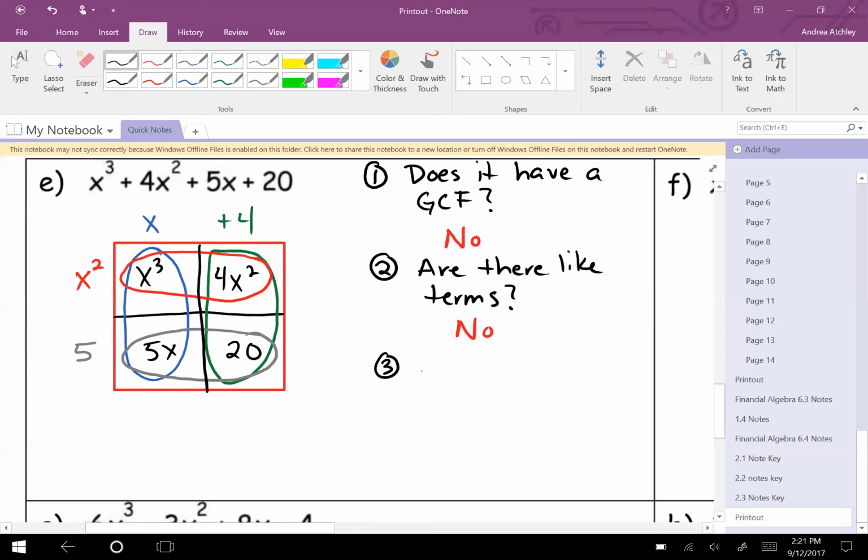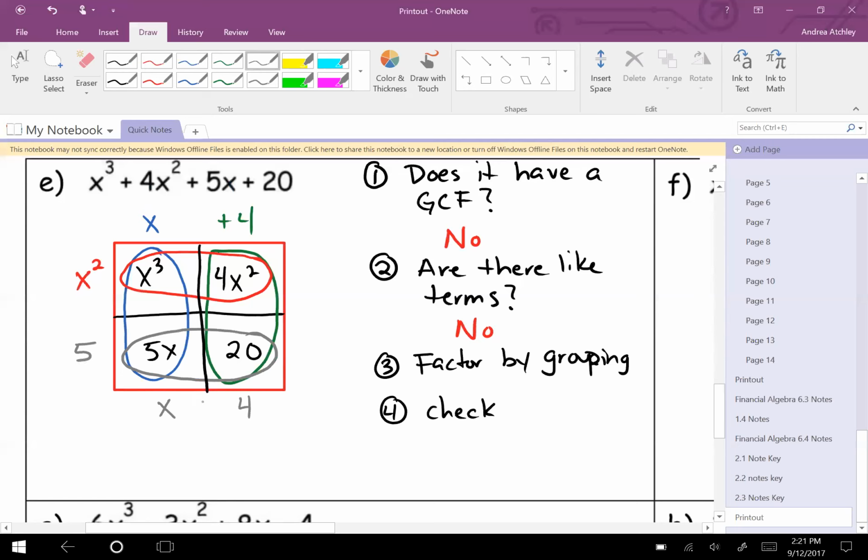So we factored by grouping. Now we're going to check. I'm going to actually find the leftovers for this bottom one, the gray one. So we're going to divide 5 divided by 5 is what? 1x. And then 20 divided by 5 is 4.